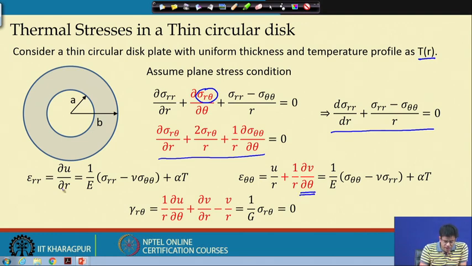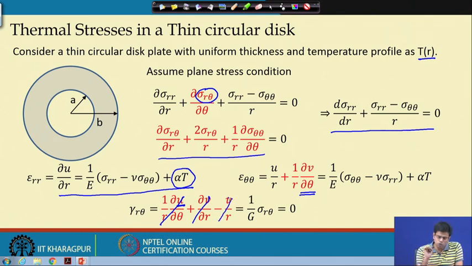If I write this quantity, it is the standard compliance relation that we know, with only the thermal strain part added. Since r theta is 0, this quantity will be 0, and u will be a function of r only. So this quantity goes off, and this one also goes off. Essentially the shear strain is also 0, because it is a symmetric deformation. So there will be no shear strain generated.